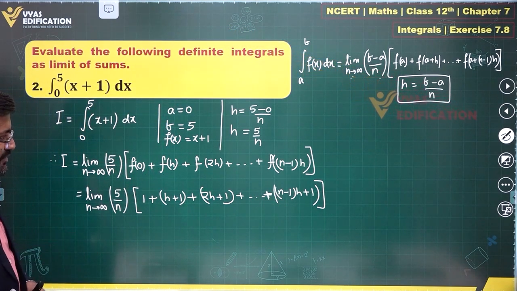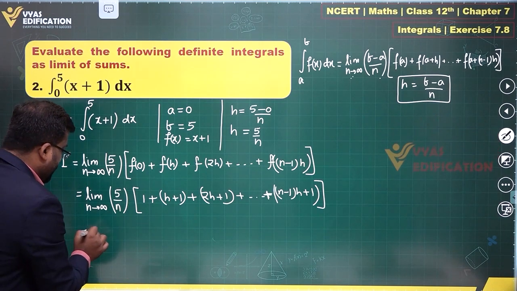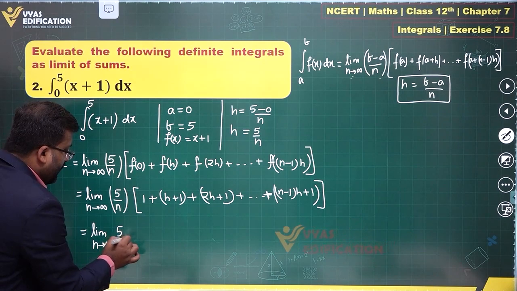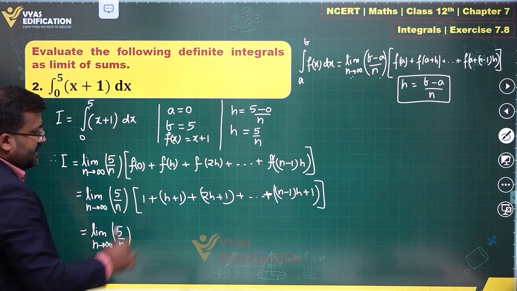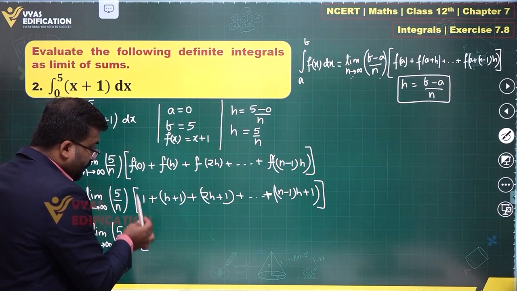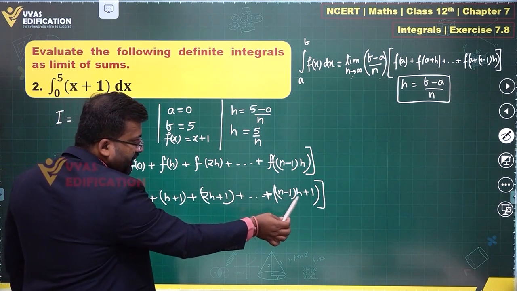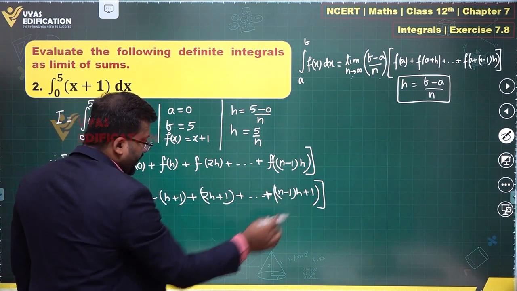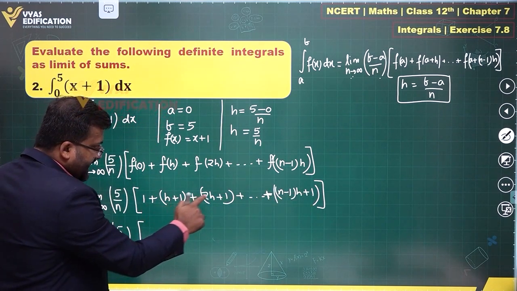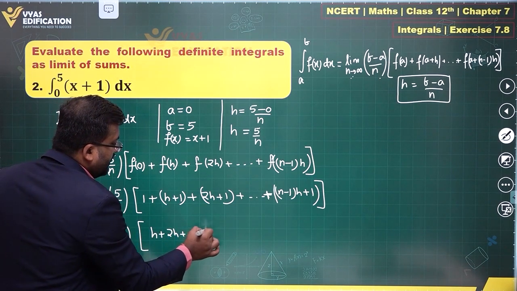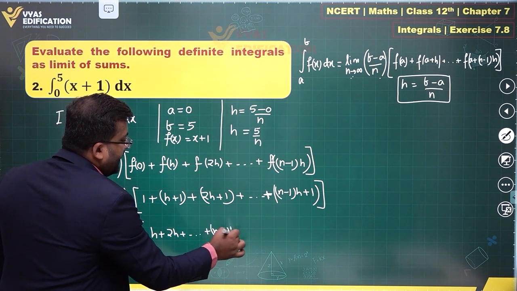Now simplify this expression further. Limit n tends to infinity will remain as it is. 5 over n will remain as it is. In this square bracket, you have a total of n terms. So let's pick up these 1, 1, 1, 1, 1. And we'll also pick up h, 2h, (n minus 1)h. So we'll have h plus 2h plus dot dot dot plus (n minus 1)h over here.